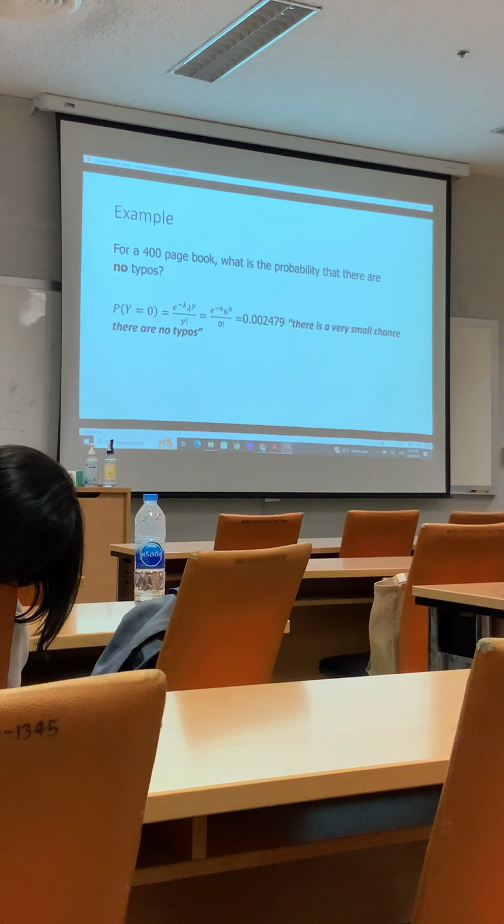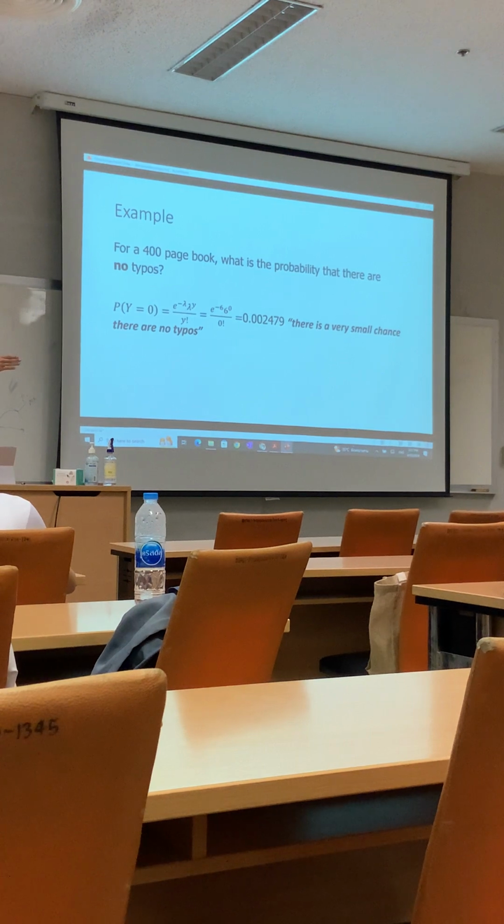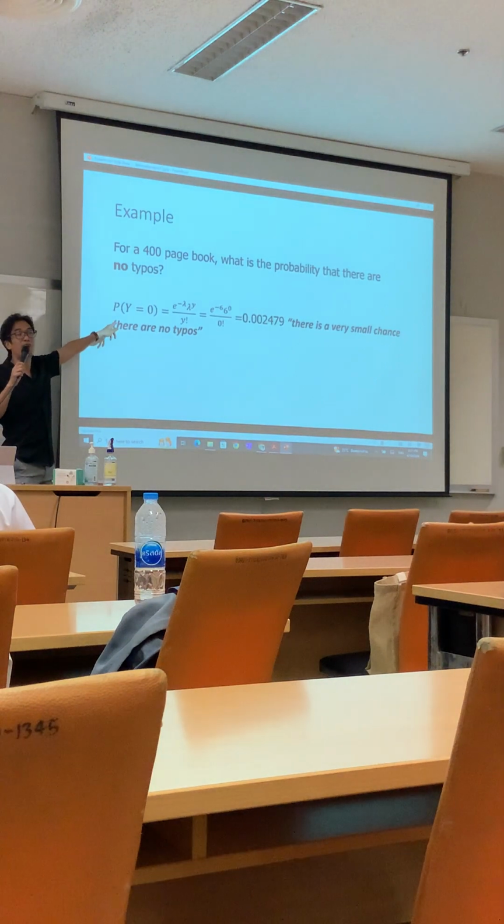Is there a higher percentage of having a mistake or a lower percentage? Higher, right? Because you have 100 pages versus 400. There are more pages, so there is a higher probability of making mistakes. On the opposite, the probability of making no mistake has to be lower.